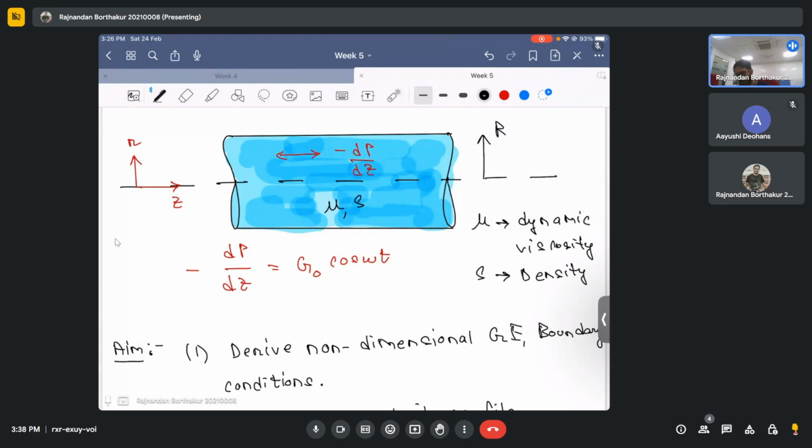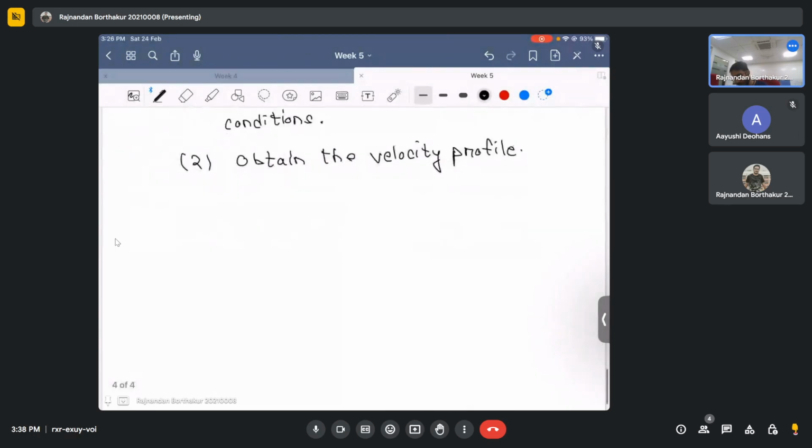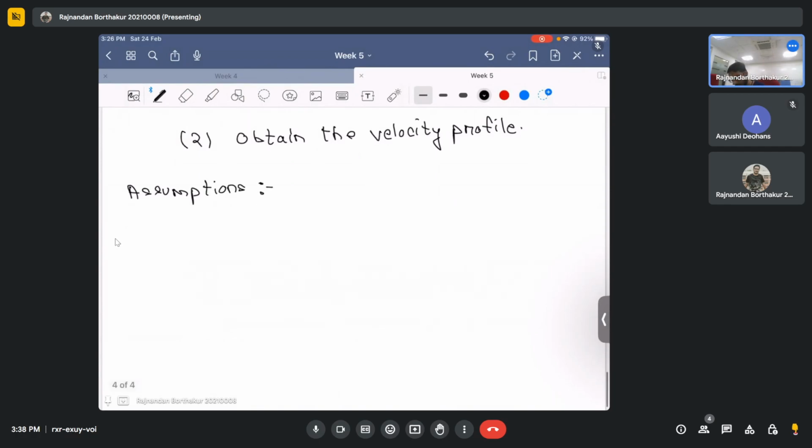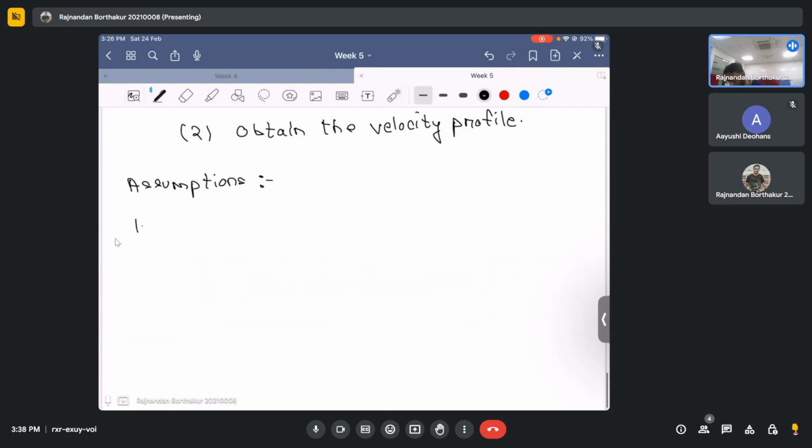All right. Before solving this problem, I'll just state the assumptions here. So we will consider the flow to be unidirectional. So what does this mean?